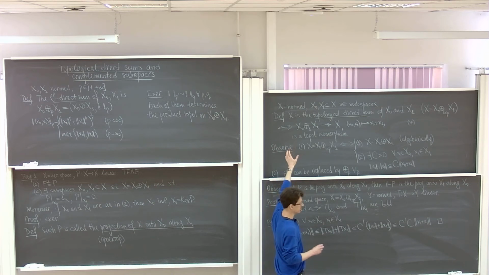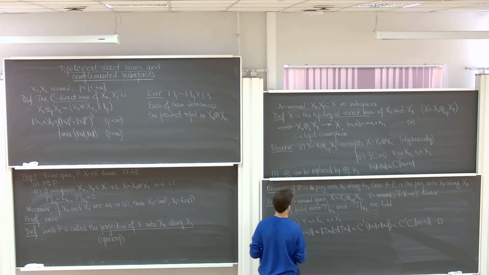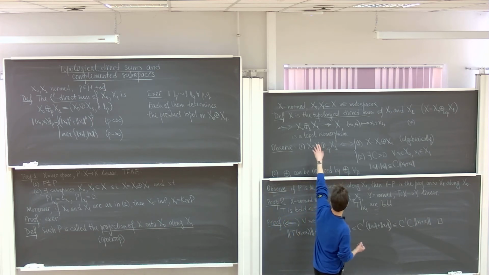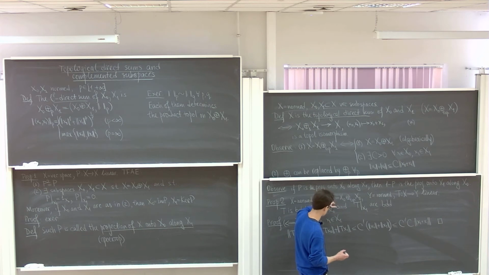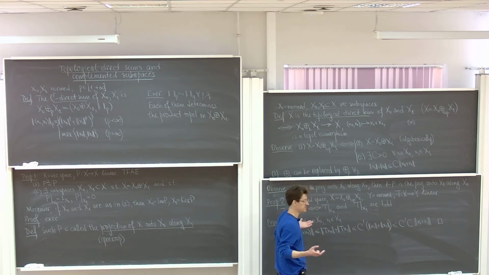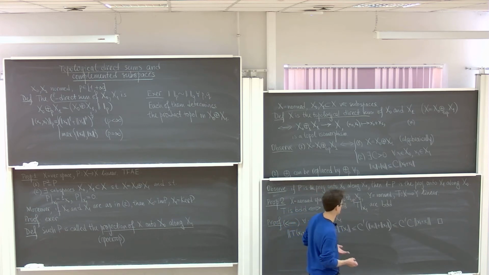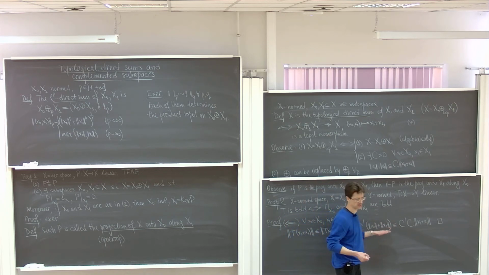It's just a normed space with a pair of fixed vector subspaces. So it is equivalent to the LP norm because of the definition. If we assume that this is a topological direct sum, this means exactly that the original norm on X is equivalent to the LP norm for some P, or for any P. This doesn't matter because all of them are equivalent to each other. But this is not an exact equality. This is an equality up to a constant.